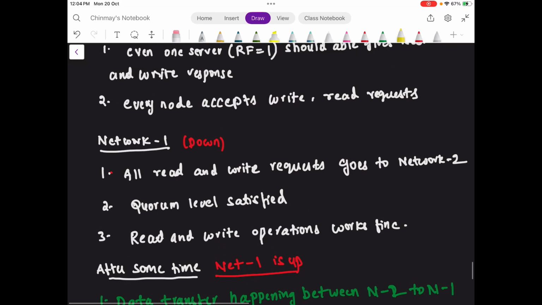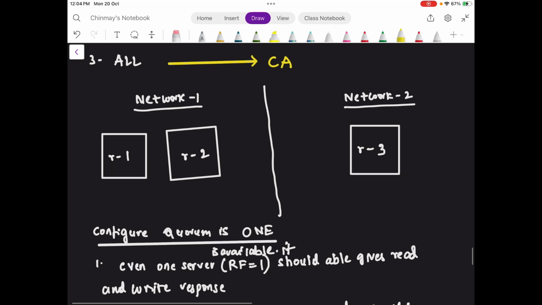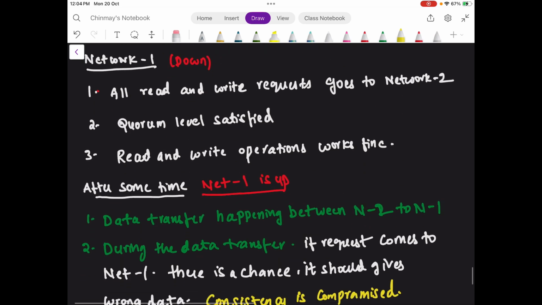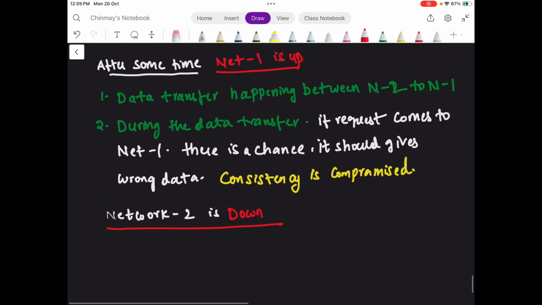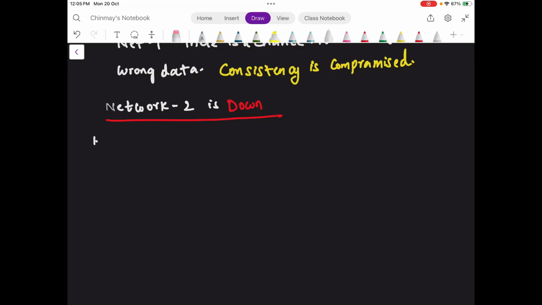Let's assume that network 2 is down. What happens? All writes and reads come to network 1.